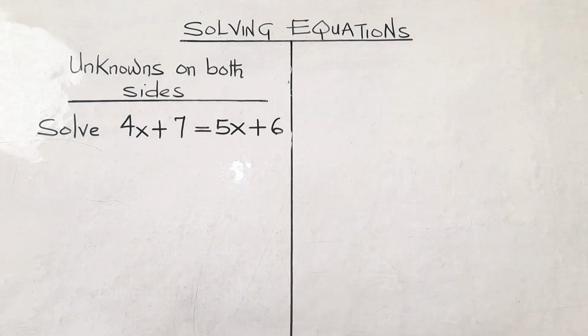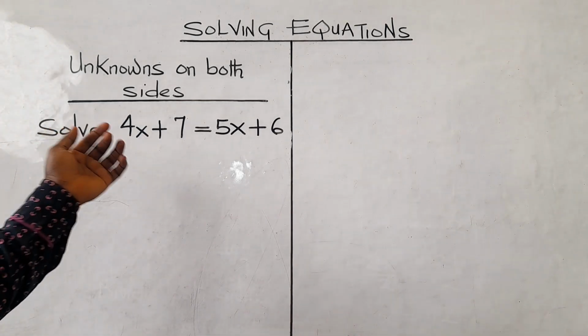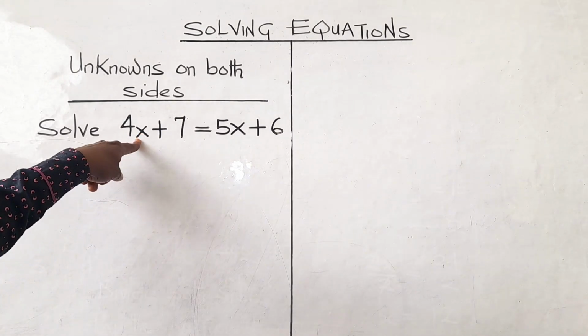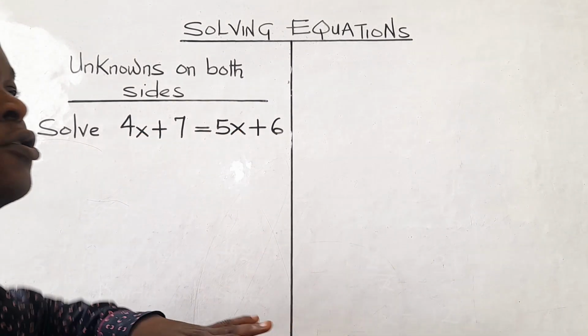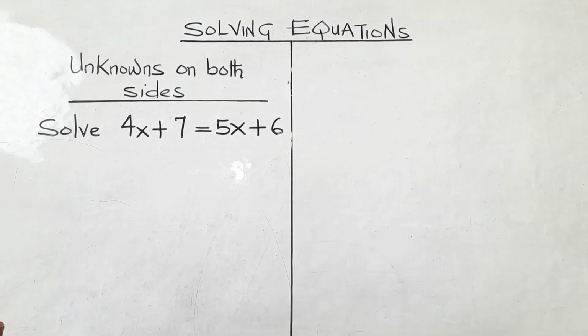In collecting like terms, look at the one that is with the variable, or the one that has x. Take the unknowns to the left hand side and the constants to the right hand side.